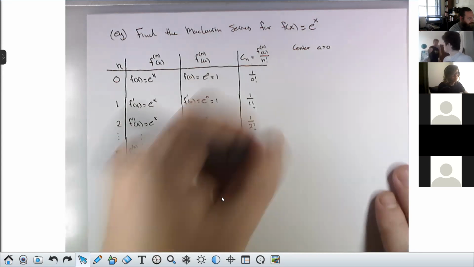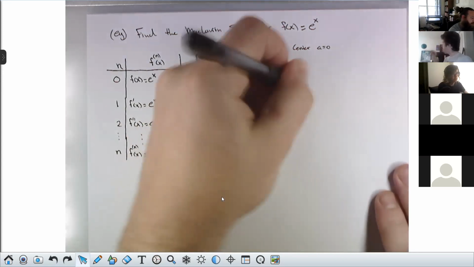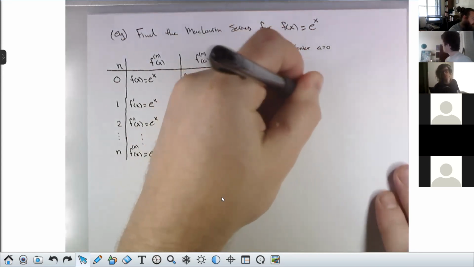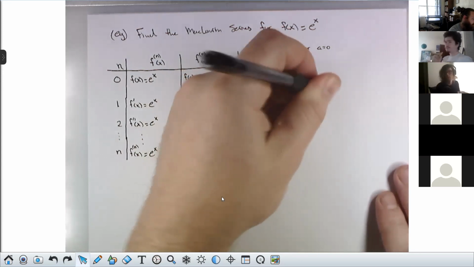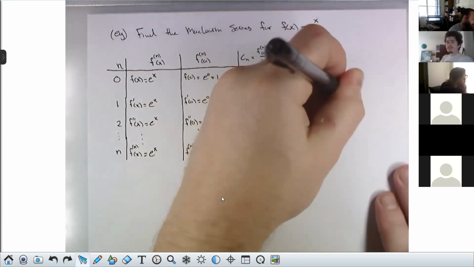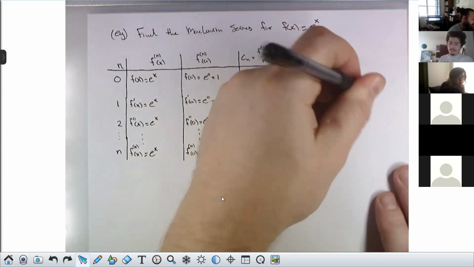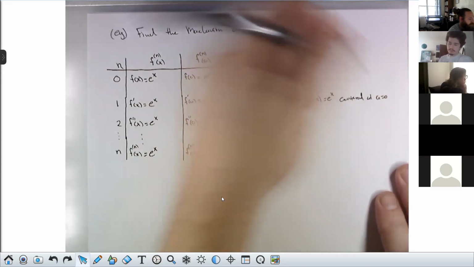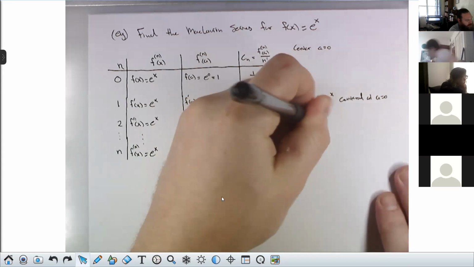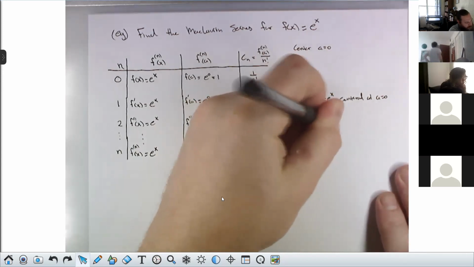So Cn for f of x equals e to the x centered at a equals 0, Cn is just 1 over n factorial.